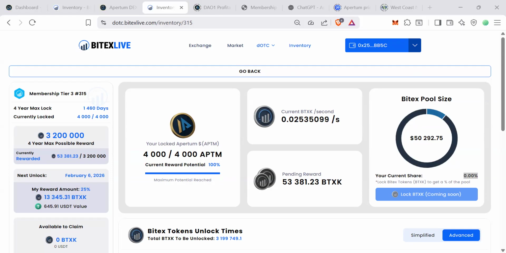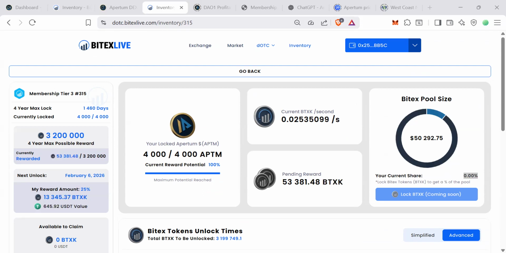That effectively works out at $500. That will be a monthly income. So just by putting my BitX tokens in the pool, I'm going to make myself $500. I'm with you.